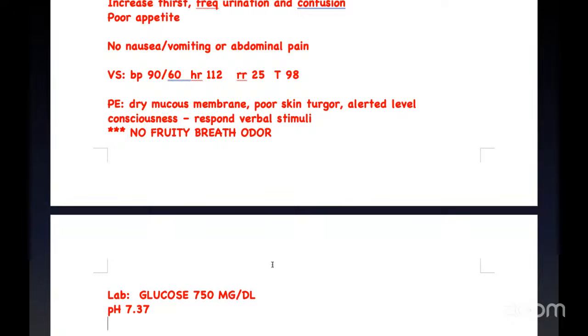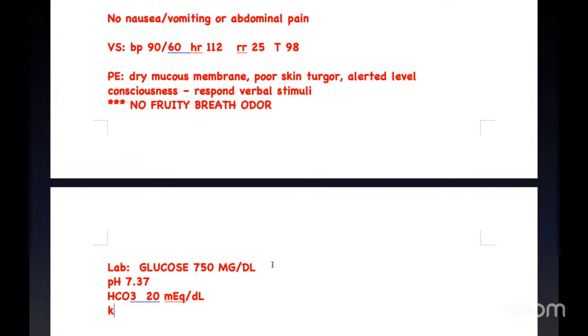And then his bicarb is 20 milliequivalents per liter. Does that give you a clue? Ketones: serum ketones are negative, no serum ketones.